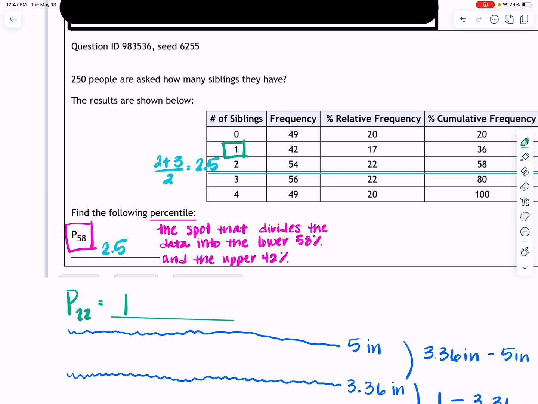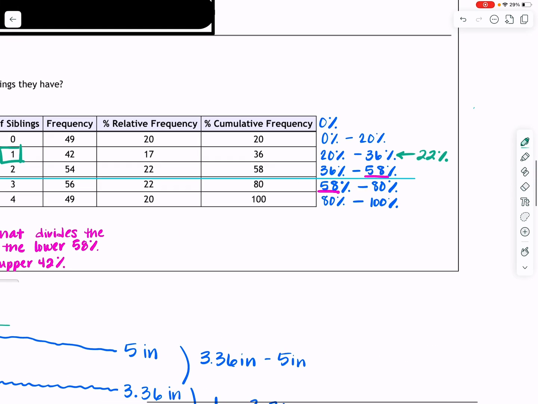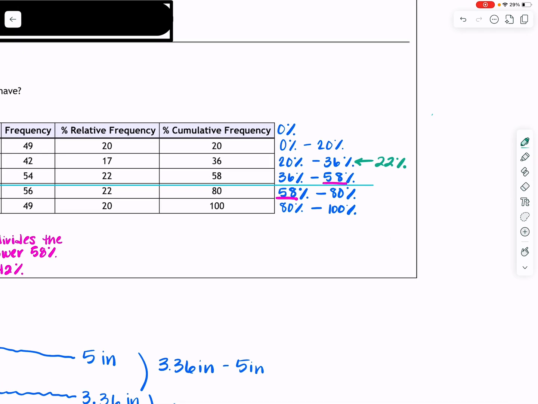When you get one that's on the boundary line, like we did with the 58, or if we wanted P80, the 80th percentile divides the data into the lower 80% and the upper 20%.